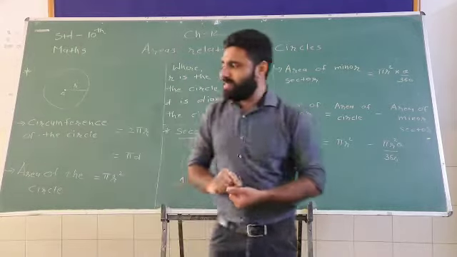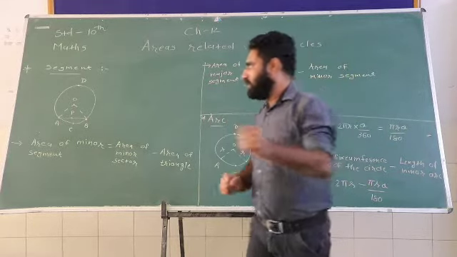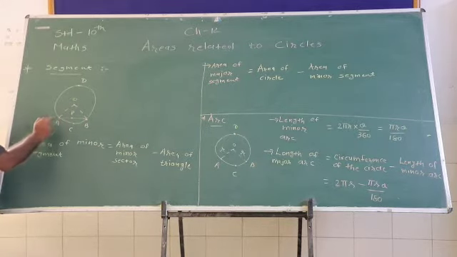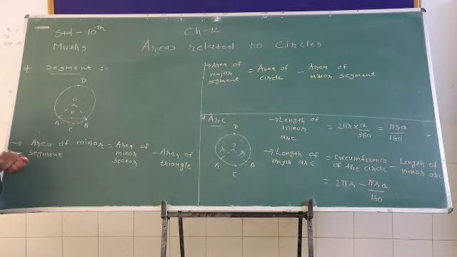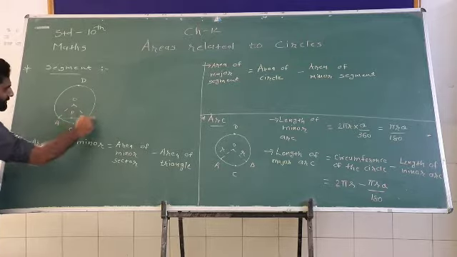So next, we will see the segment. First, we will see what a segment is. See, in the circle, again I have 2 points A and B on the circle. That is again ACB, the minor arc, and ADB, your major arc.